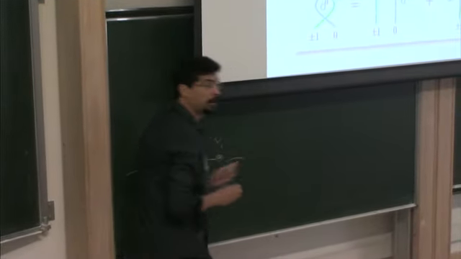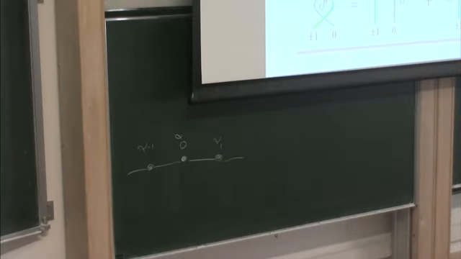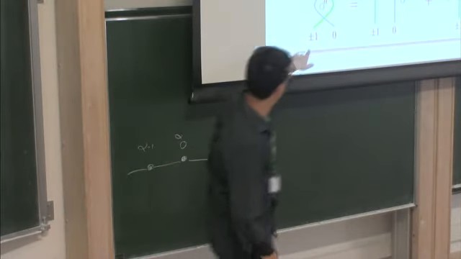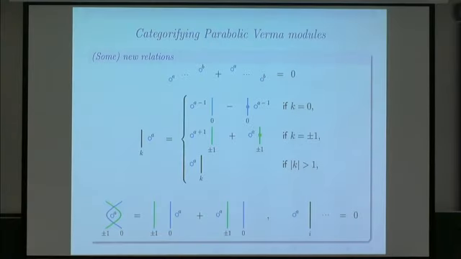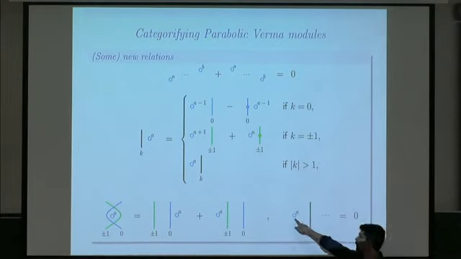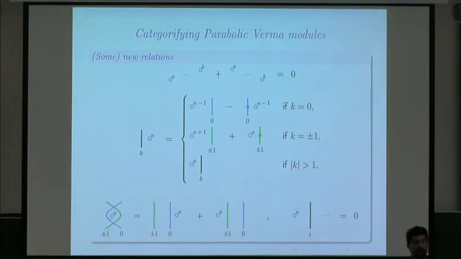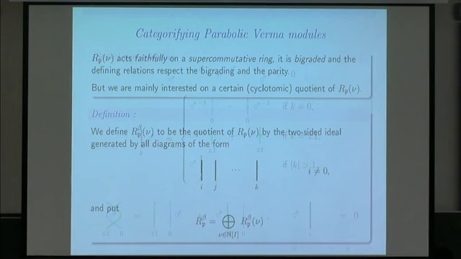Type A. Okay? I forgot to say these are the simple roots. Last relation: if you have a floating dot to the left of all strands, the diagram is 0.